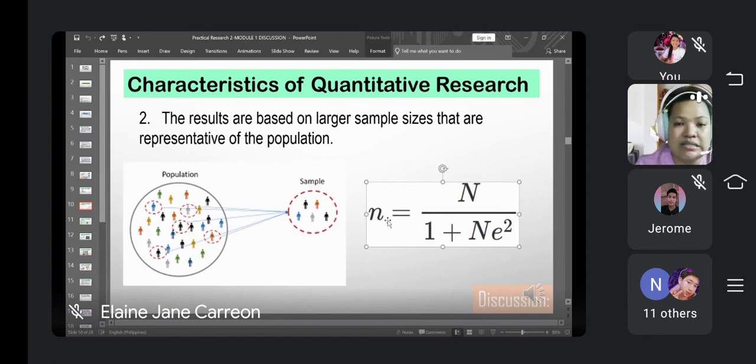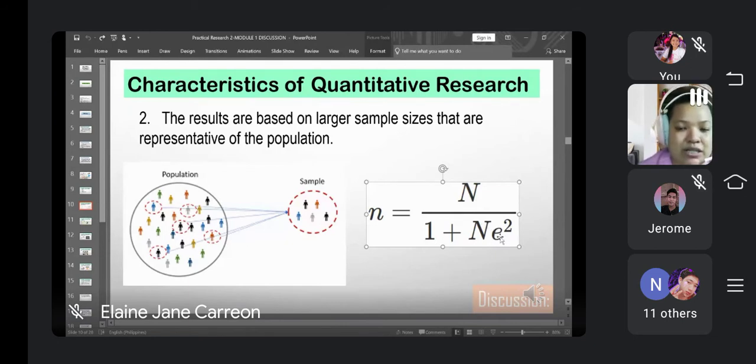So, this is the formula in finding the sample out of the population. Given ang number ng population, which is the capital letter N, and then small letter n ang ating sample. Okay? Small letter n stands for the sample size. The capital letter N stands for the population.